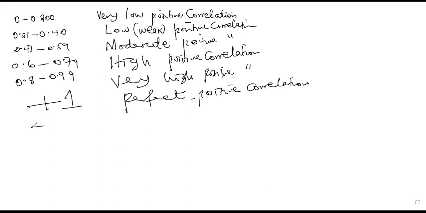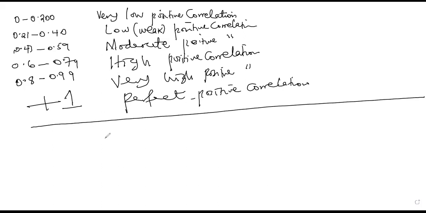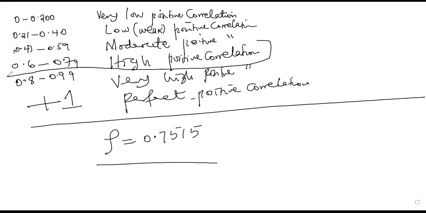Yes. Now, in our calculation, we happen to get rho as 0.7515. So I'm asking myself, what should be our comment? You need to first acknowledge that it lies between this.